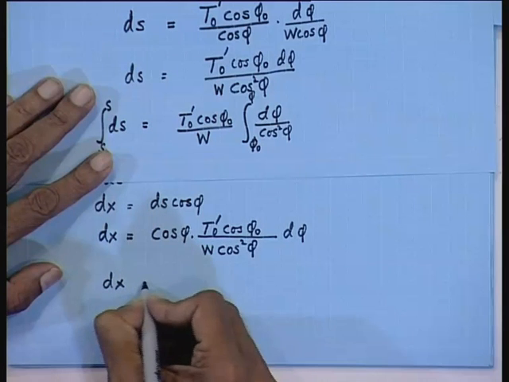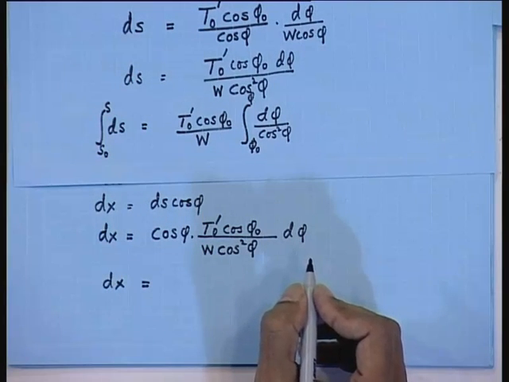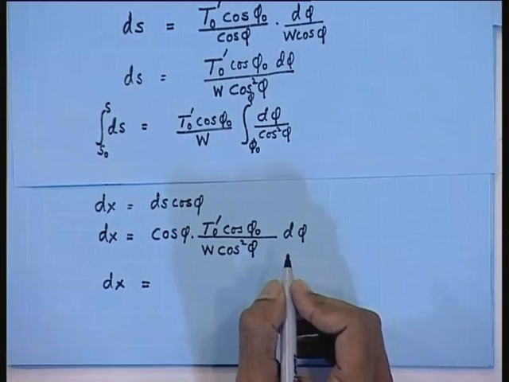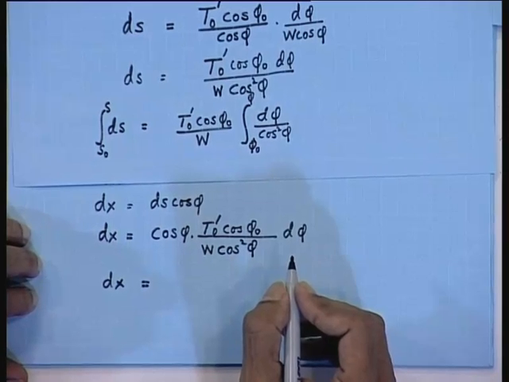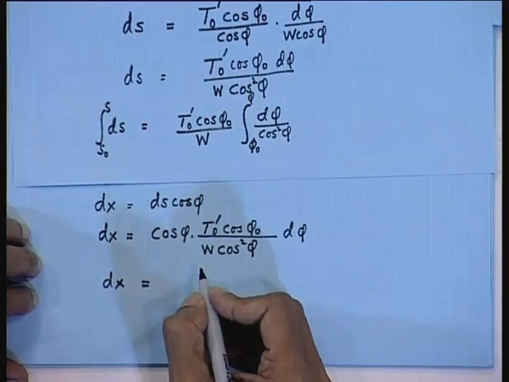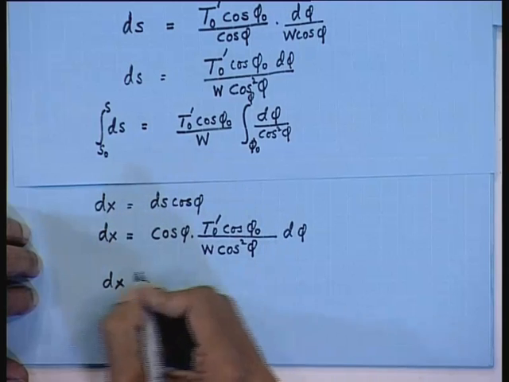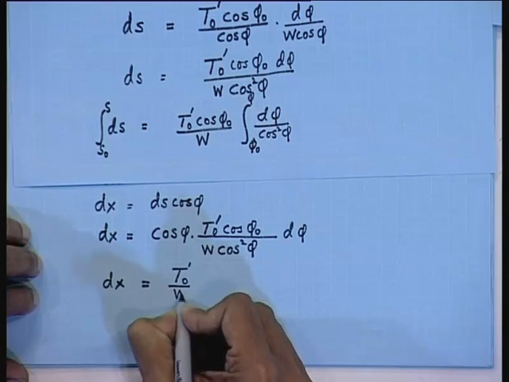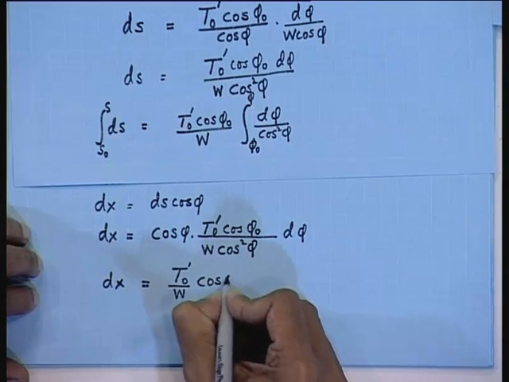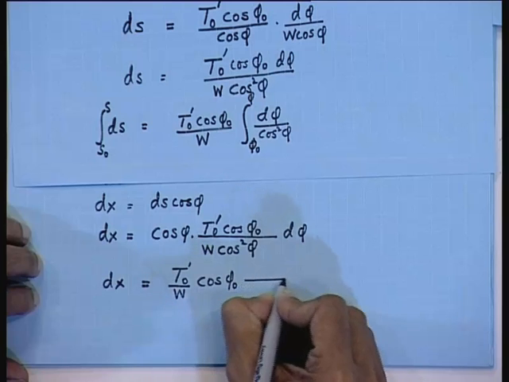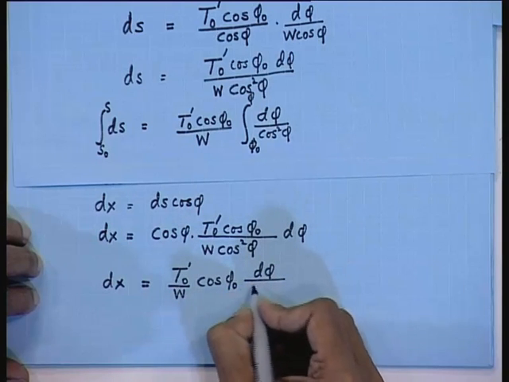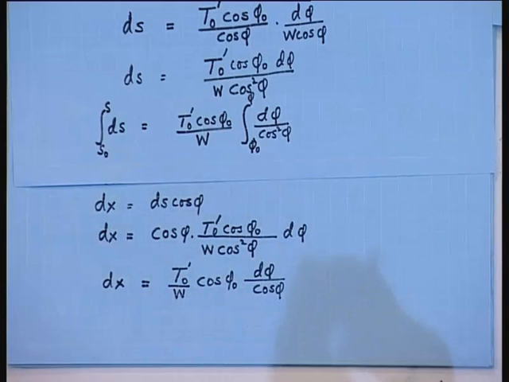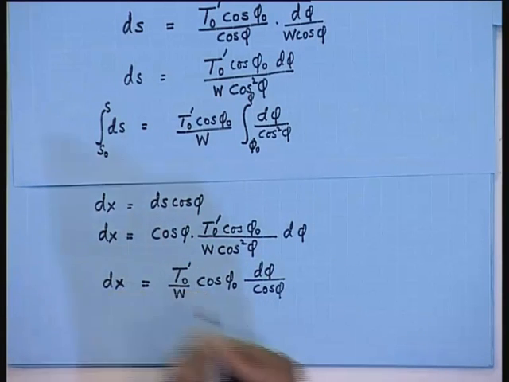Now you simplify this, and then you integrate. So this becomes T prime naught over w, which is the constant term. The other term, the variable term, is d phi over cos phi. Now you integrate, and you will get the expression for x.